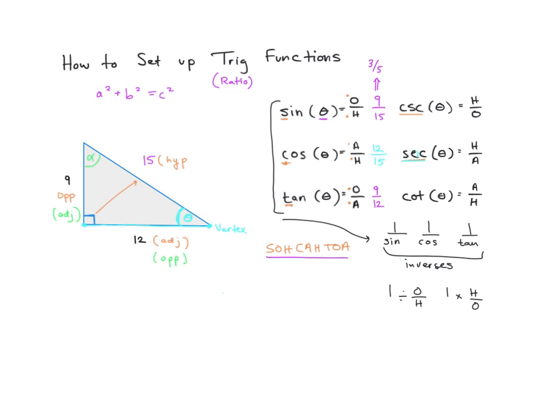So now if I know that that's the cosine, then I can go ahead with the cosecant. And basically all you're doing is taking an inverse, 15 over 9, 15 over 12, and 12 over 9. It's just an inverse of your, and we'll get to why and how we're going to use those.